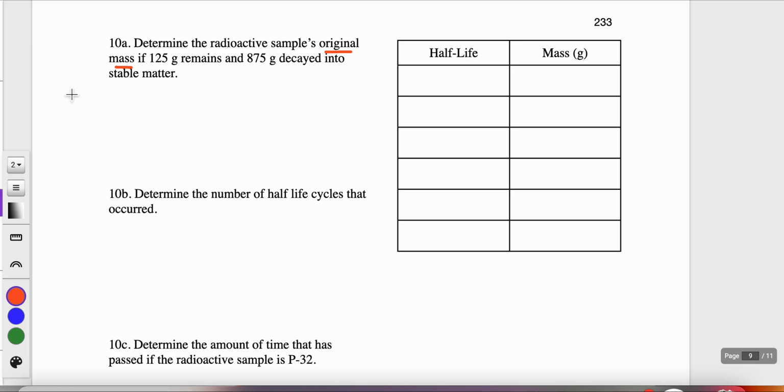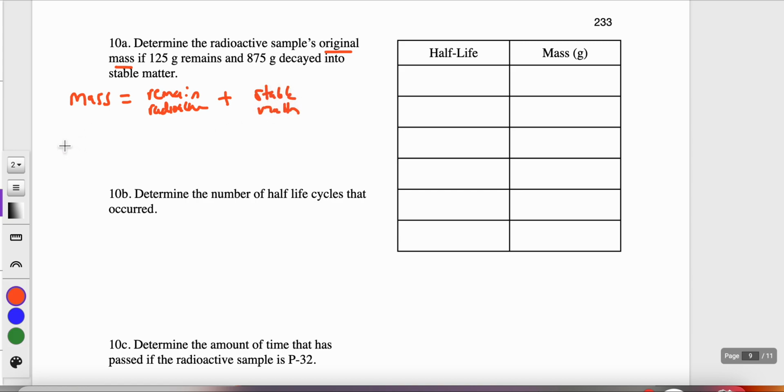So the original mass will equal the sum of the remaining radioactive plus what has decayed into the stable daughter. So what remains radioactive plus now what is the stable matter.